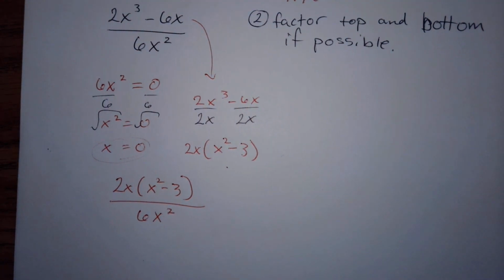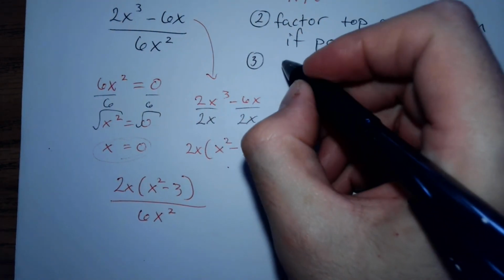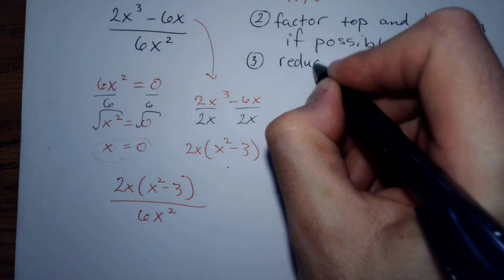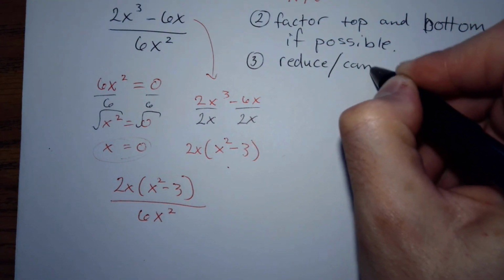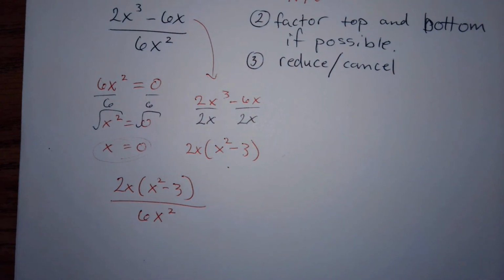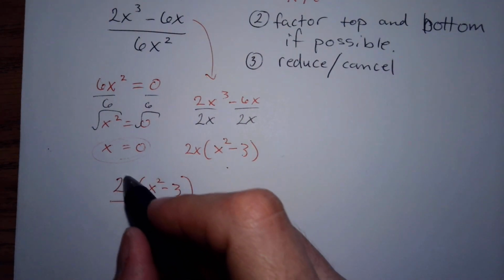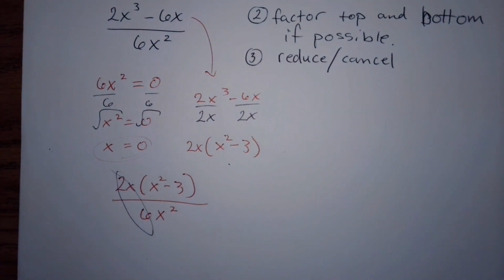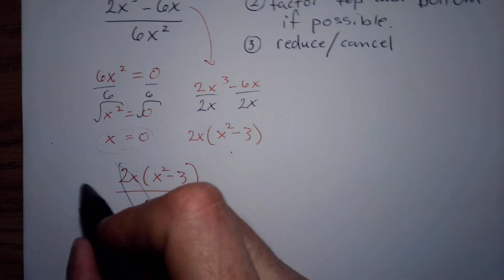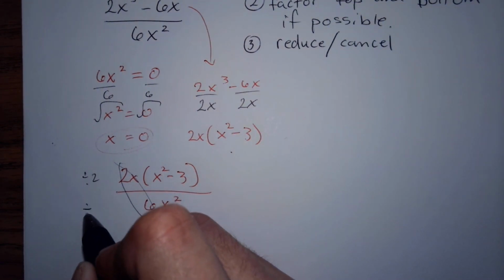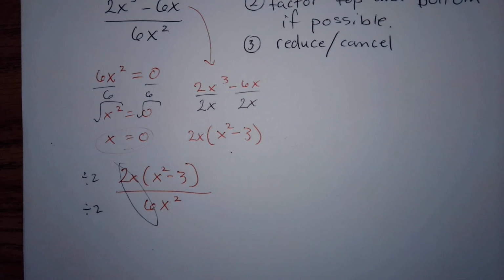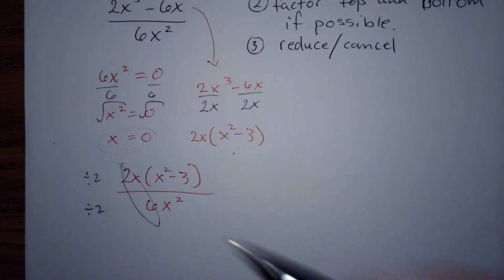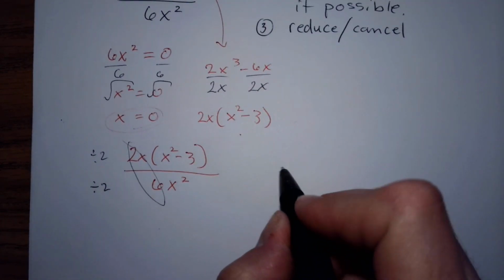So that's step 2. And then I'm going to reduce or cancel. In this case, I'm really just reducing. 2 over 6, I can divide by 2. And then the x divided by x squared, that just gives me x in the bottom.